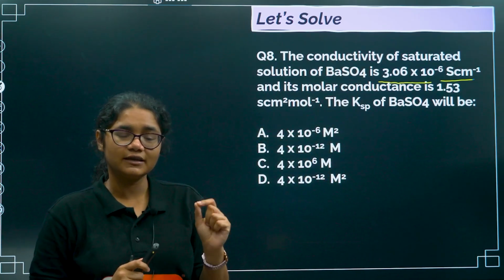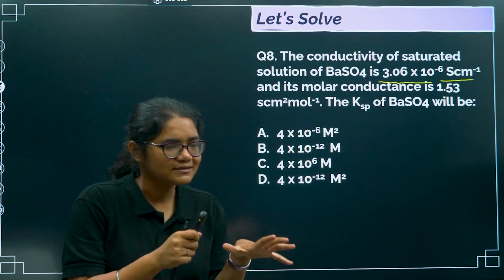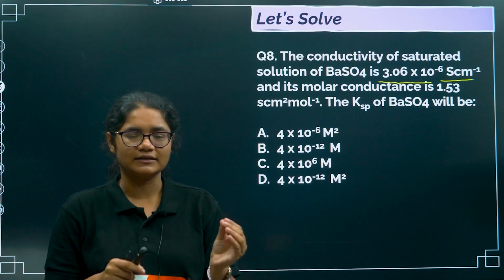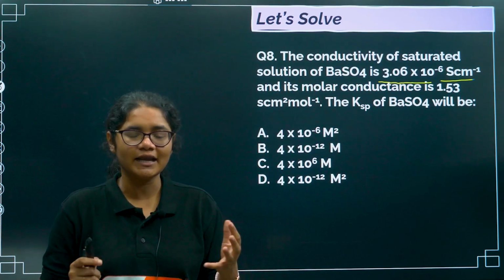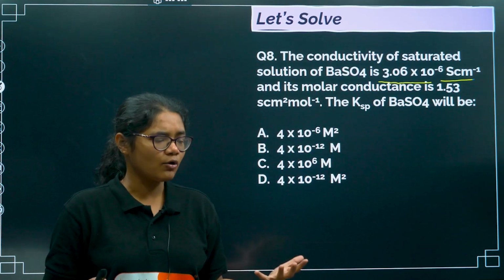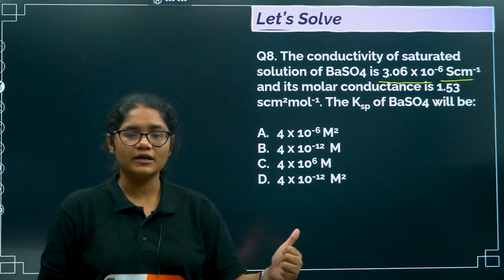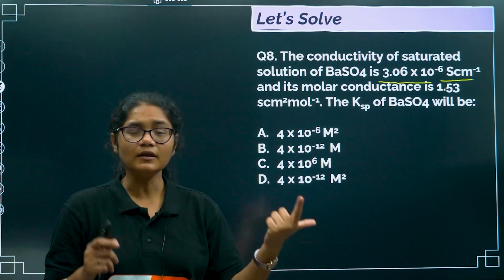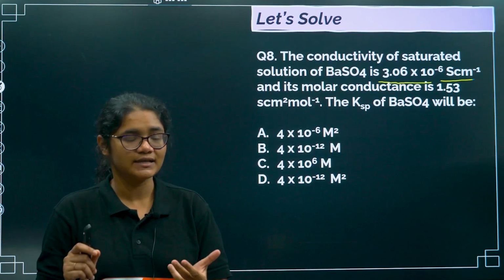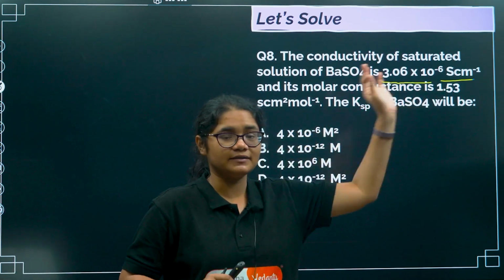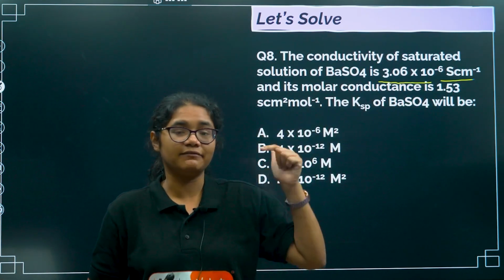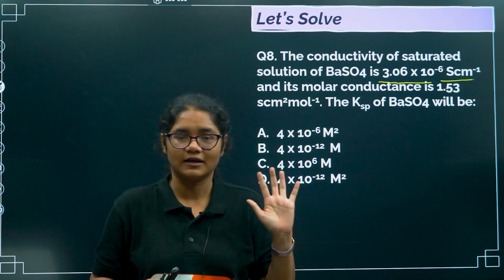I told you there are so many similar terms: resistance, resistivity, conductance, conductivity, molar conductivity, right? It is very obvious that you will get confused. That is why I have given you a sheet of formulas with terms, their names and their units. From these units, can you tell me which value is given? I want everyone who is watching to comment this answer right now.